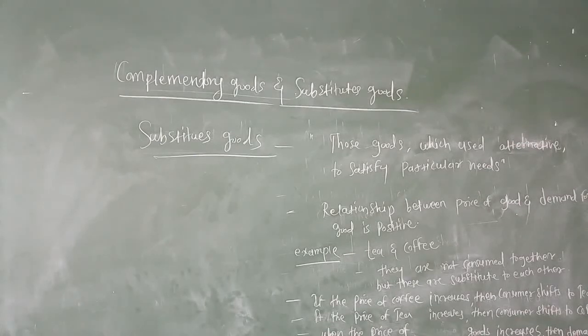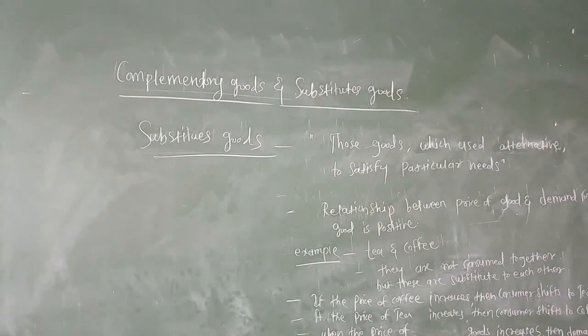Means here, if the price of the tea powder falls, then demand for the sugar increases, and if the price of the tea powder increases, then demand for the sugar decreases. And for the substitute goods, here the tea and coffee are the example, but these are not consumed together, but they are substitutes to each other.